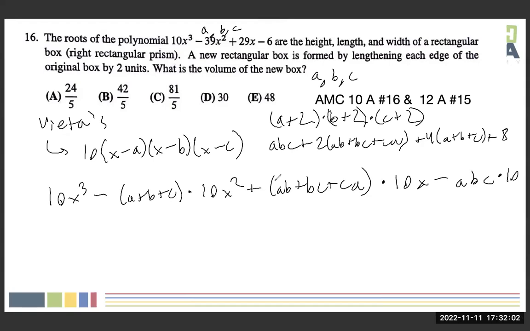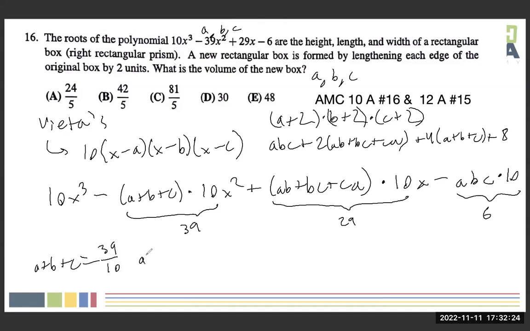And now we can just solve it because we know that this coefficient here, we know that this value is 39. Yeah, that value is 39. This value is 29, and this value is 6, which gives us that a plus b plus c is 39 over 10, ab plus bc plus ca is equal to 29 over 10, and abc is equal to 6 over 10.